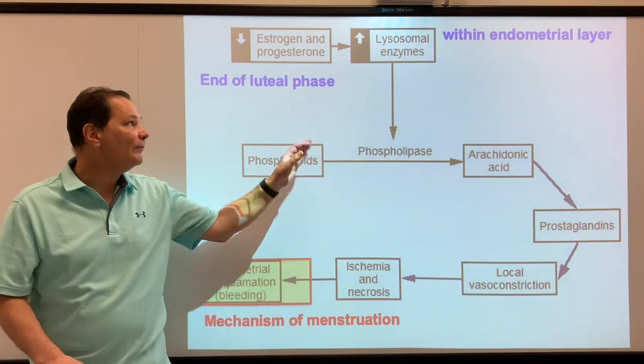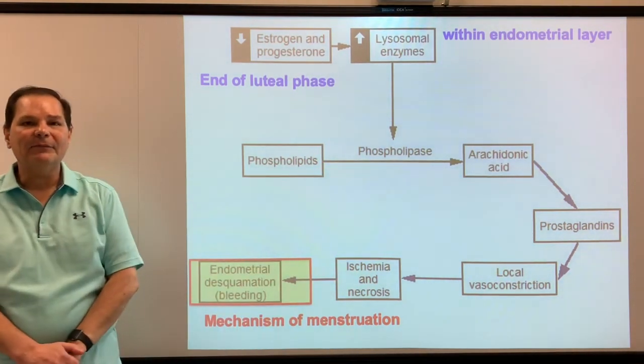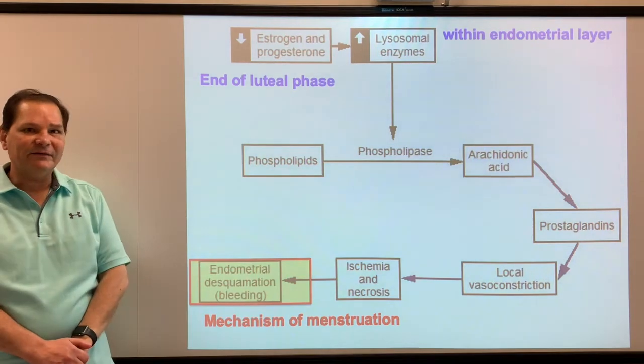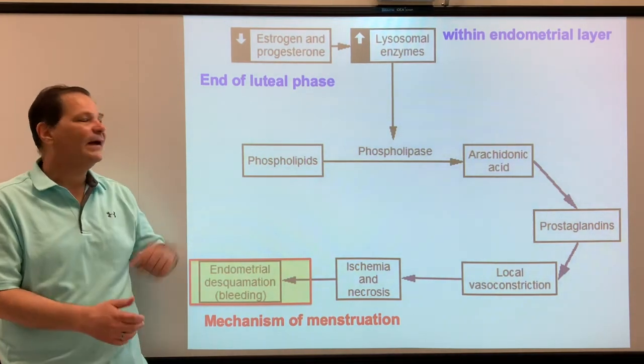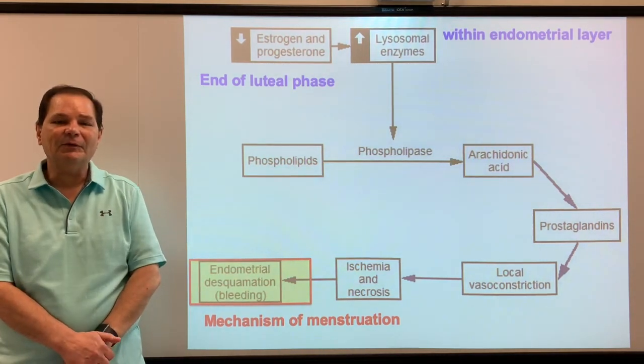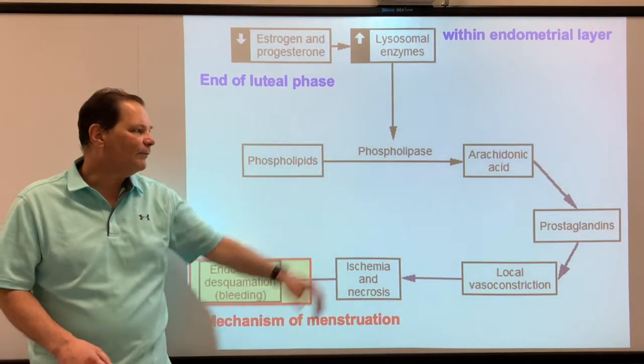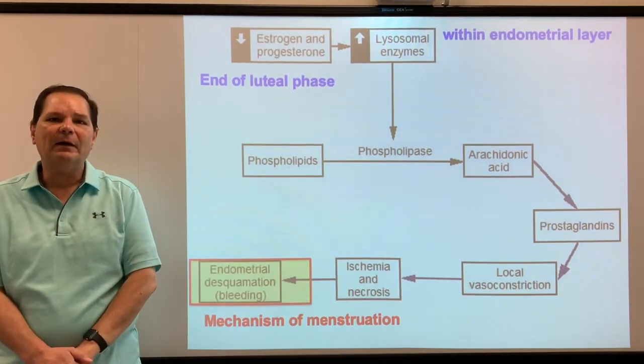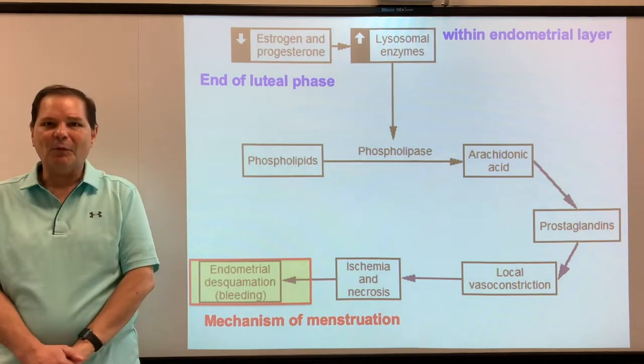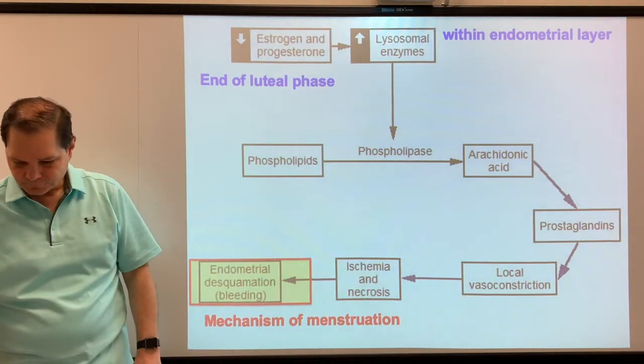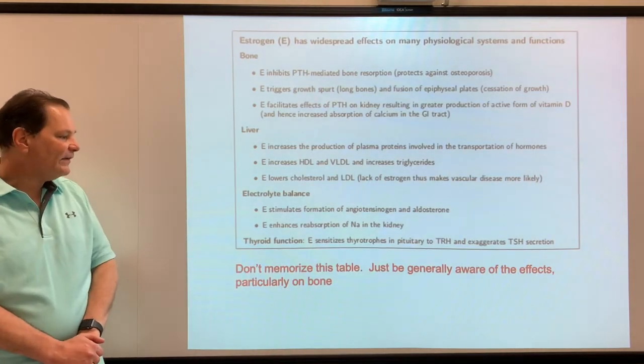And this is how menses develops with the fall in progesterone and estrogen at the end of the luteal phase. And you should remember this pathway. It's reasonably important, okay?